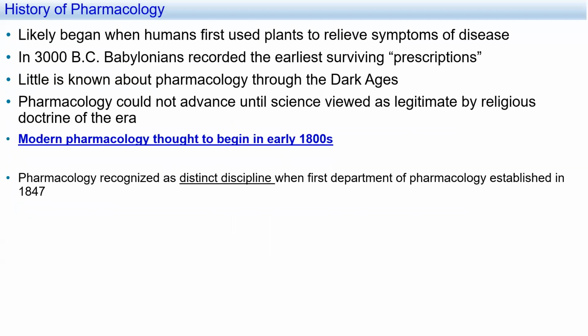All right, so now the first slide talks about the history of pharmacology, in which modern pharmacology began in the early 1800s, when chemists were able to separate specific substances from complex mixtures.